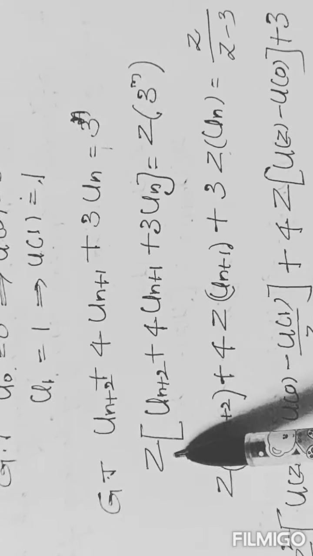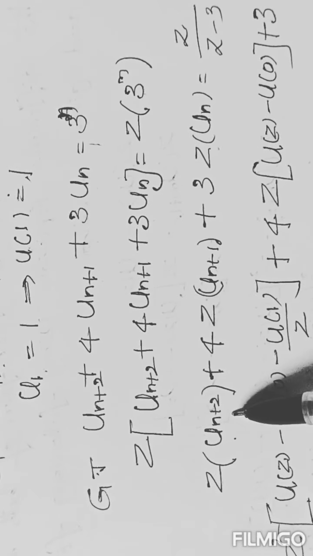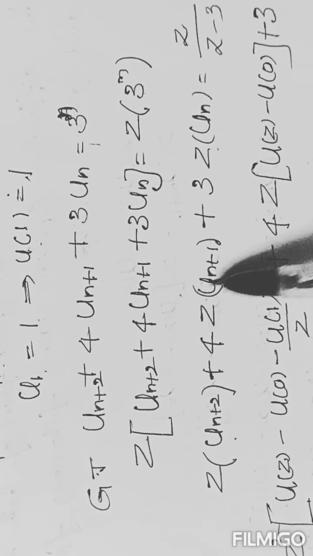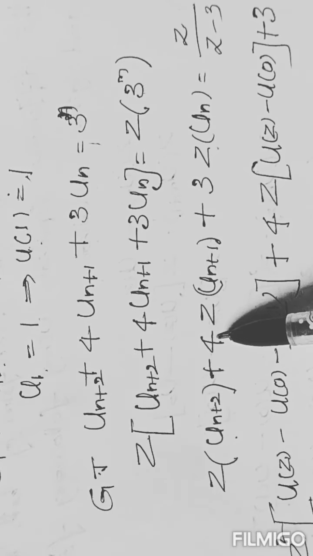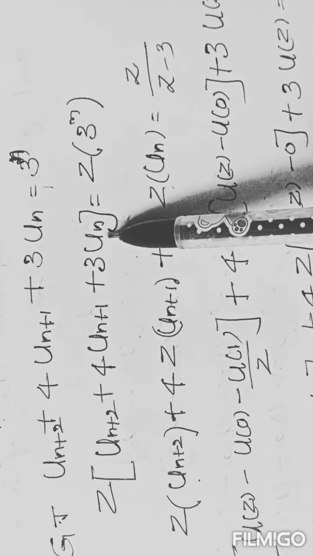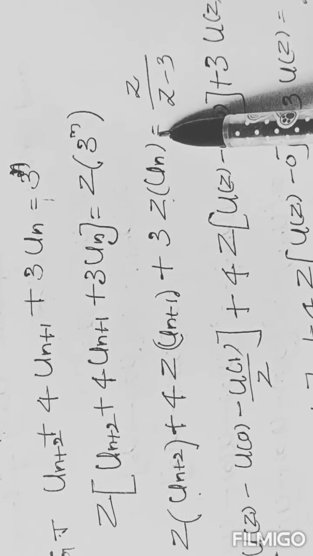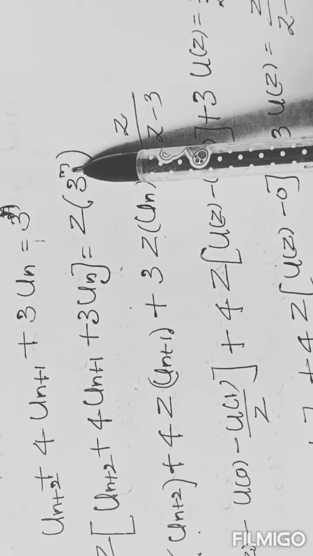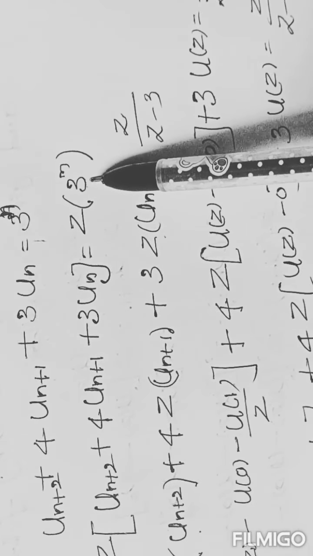Then enter the operator into the bracket: Z of the first term plus Z of the second term, but here 4 is a constant, so it is outside of the operator, plus 3 is a constant, and we apply the Z operator only on u_n, equal to Z of 3^n. This is similar to the Z of a^n formula. Here I give the formula: Z of a^n equals z by z minus a, where a is a real number.